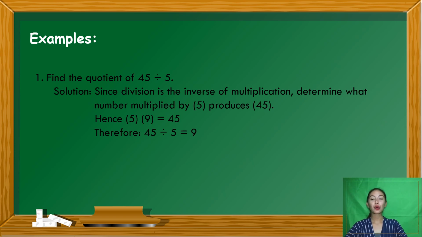We will not know how to divide if we don't memorize the multiplication table, if we don't know how to multiply numbers. Hence, 5 times 9 is equal to 45. Therefore, 45 divided by 5 is equal to 9.